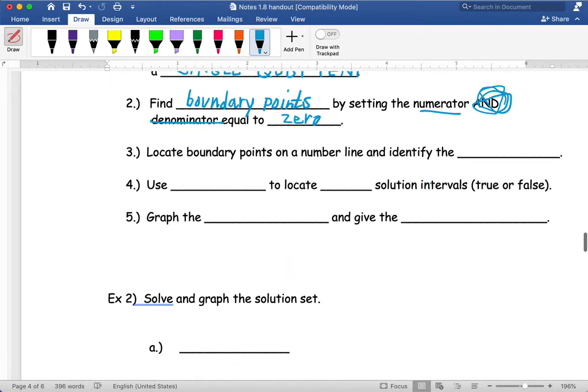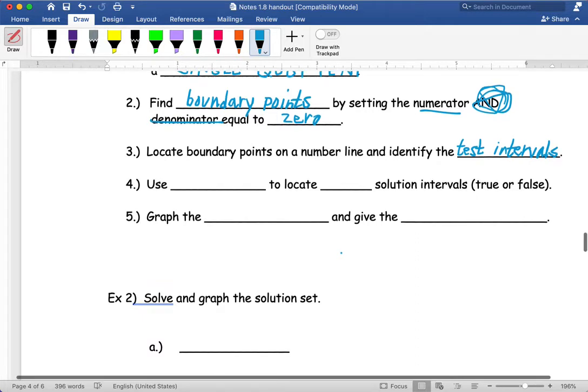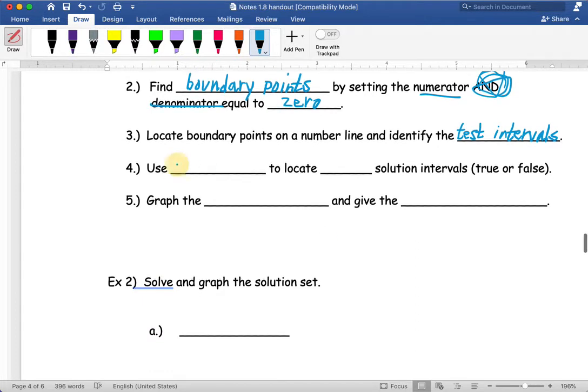You're going to locate the boundary points on a number line again. And you're going to identify the test intervals. We're going to use substitution again to locate valid solution intervals.